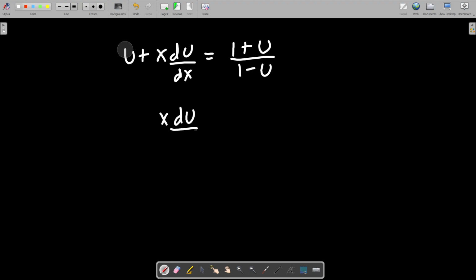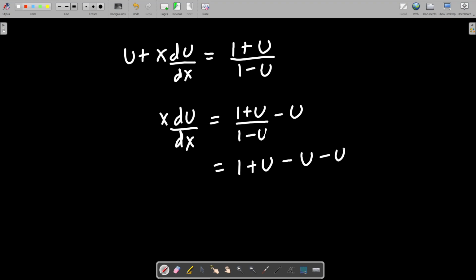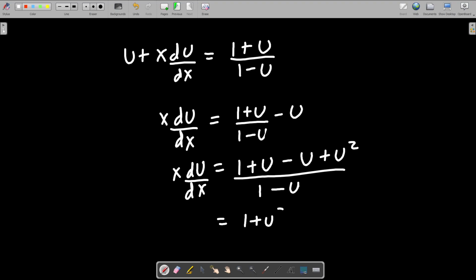So x du/dx = (1 + u)/(1 - u) - u. Simplify this, and it becomes (1 + u^2)/(1 - u). Is the calculation correct?